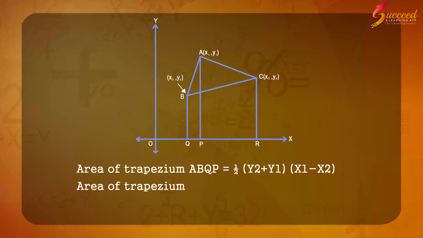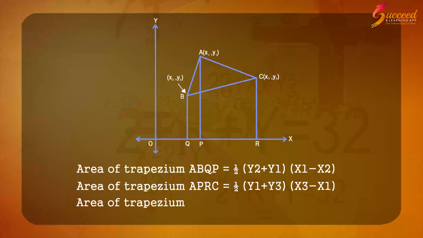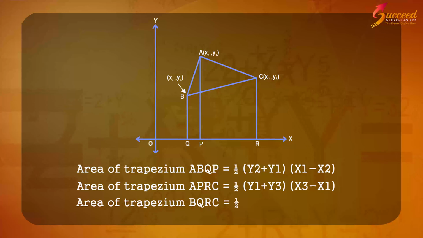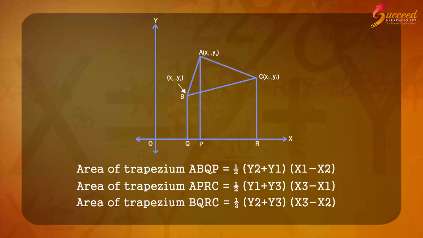Area of trapezium APRC is equal to 1/2 into (y1 plus y3) into (x3 minus x1). Area of trapezium BQRC is equal to 1/2 into (y2 plus y3) into (x3 minus x2).